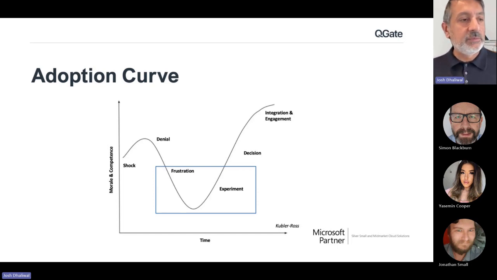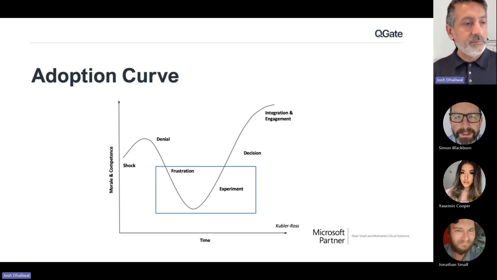Once employees accept the change, you must cement the change into your organizational culture to avoid reverting to old habits. And looking at this curve, which my colleague Jonathan will already be familiar with from his forays into change management, it's often the frustration stage that businesses will seek out help.